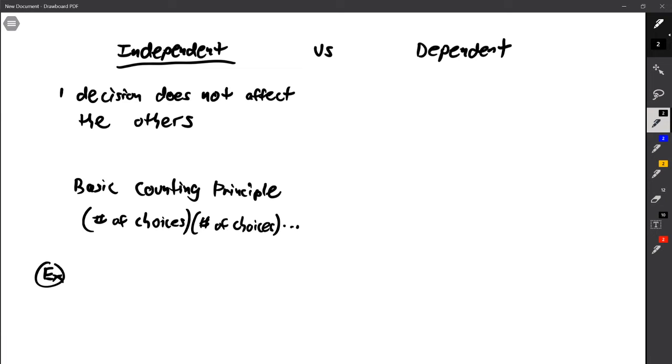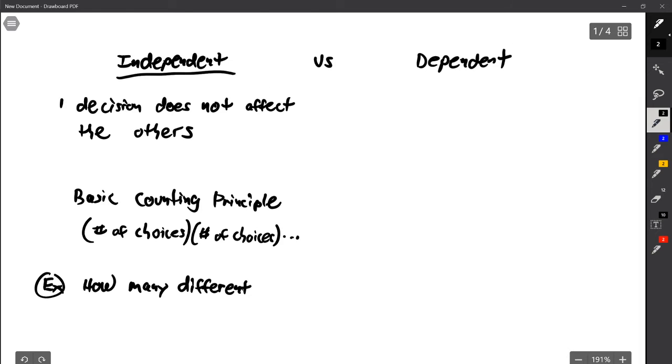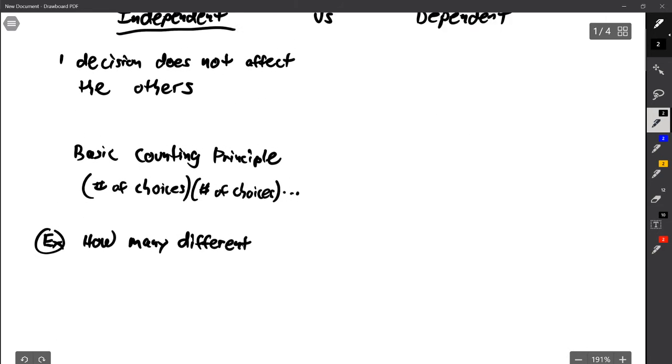Let's just say you have, how many different combinations, kind of works there, but I don't want to confuse it with the combinations that we'll be dealing with in a moment.